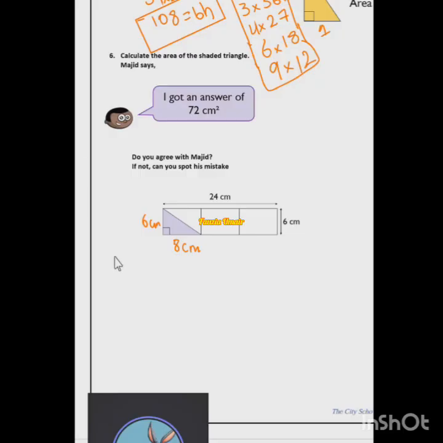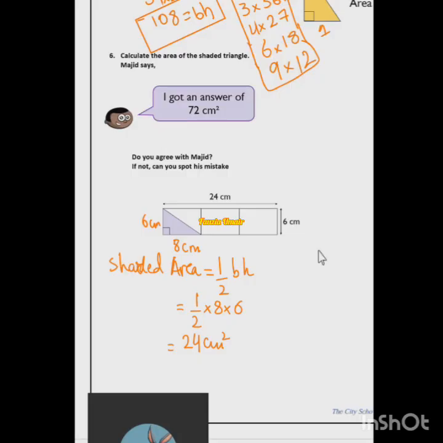The shaded area is 1 by 2 BH, so it's 1 by 2 into 8 into 6. 6 eights are 48 and half of 48 is 24. So you'll get 24. This is the correct area.